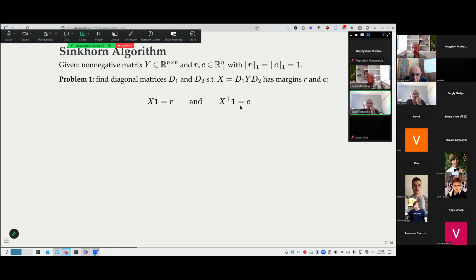This is our problem. For now, we skip why we care about this problem. But it's an interesting problem because you see constraints are very linear here. At the same time, the objective is very nonlinear, right? It's something about multiplication.